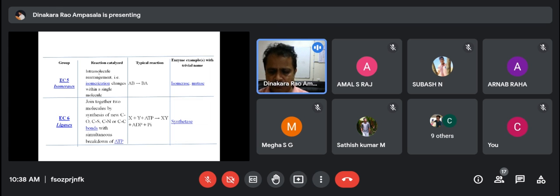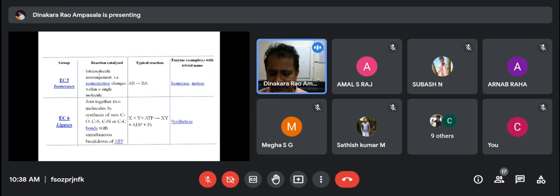They synthesize the new bond. You can see different types of enzymes present here. Synthetases all belong to these molecules where they make a new bond. In this process, they require energy.